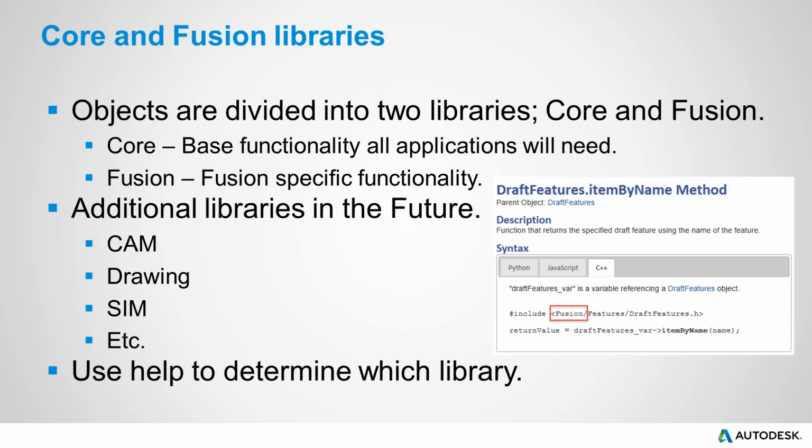So you can just use all the objects and you don't really care where they came from. But there are some cases where you do have to specify the full path to that object, and so you do have to know which library it comes from.